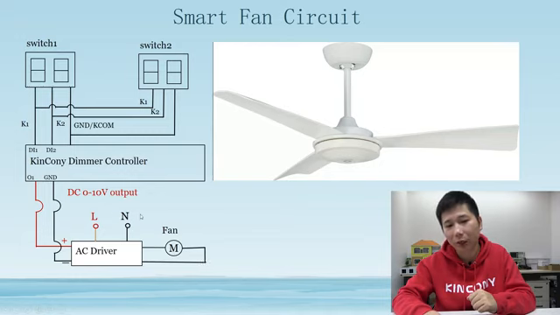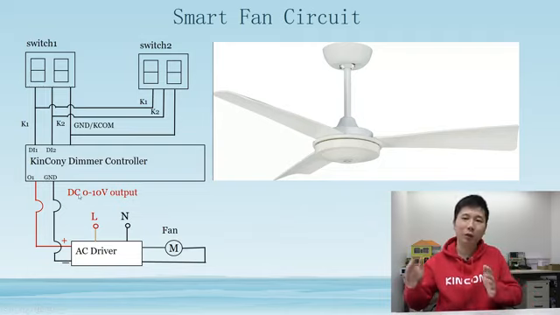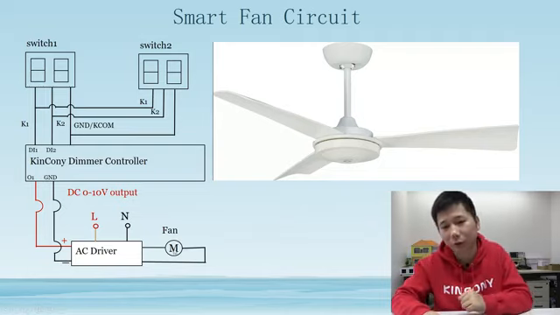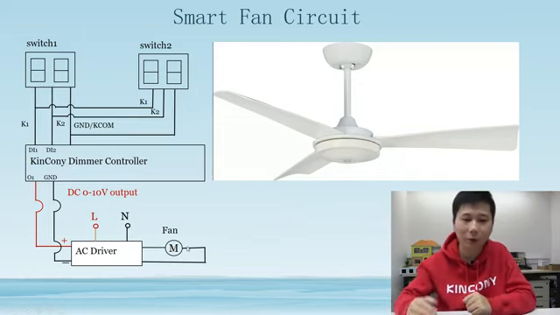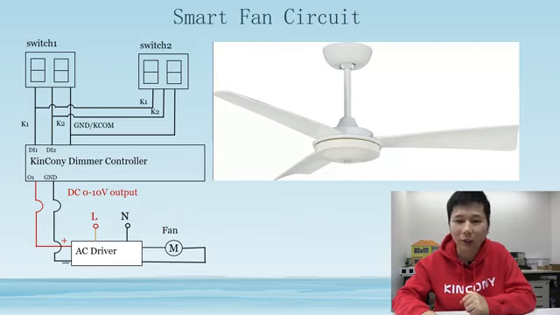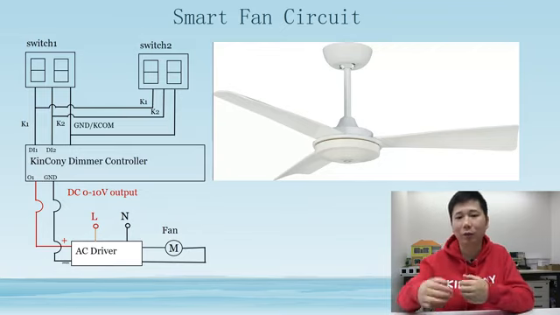This is for AC 220 volt or AC 110 volt, just for this power supply. The driver's output voltage follows this input voltage, so this voltage determines the voltage for the motor and the fan, and that can change the speed. So it's very easy, and later I will show you the practice.